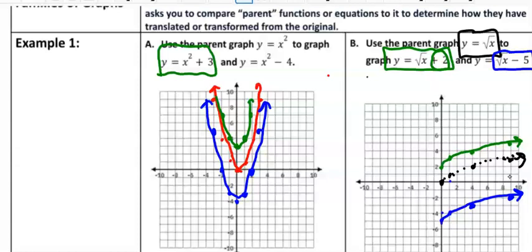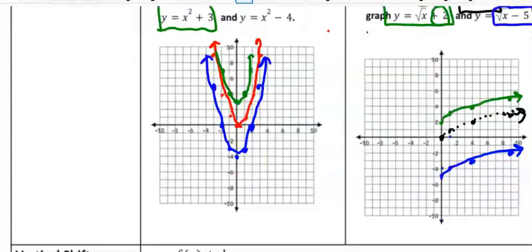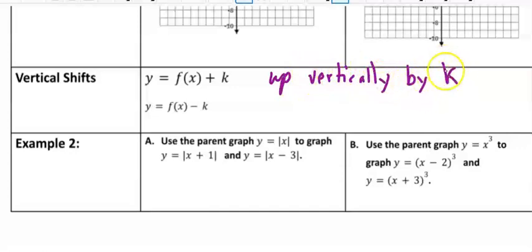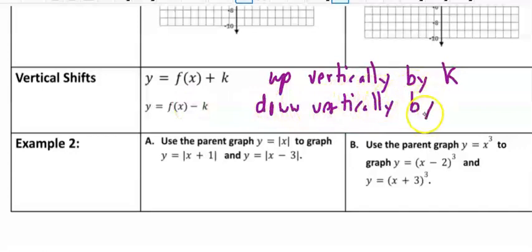Okay, so then it goes on to say vertical shifts. This means up vertically by k, doesn't it? This one here means down vertically by k, doesn't it?